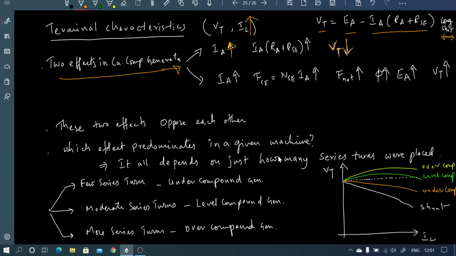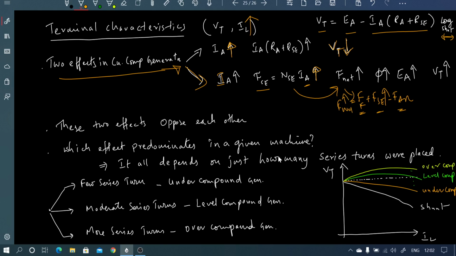The other is that with increasing IA, the series field MMF, which is NSC into IA, increases, and this in turn increases Fnet. Fnet is actually shunt field plus series field minus armature reaction. Because the series field MMF is rising, the overall Fnet also increases.